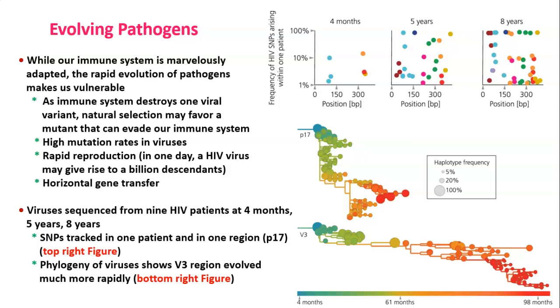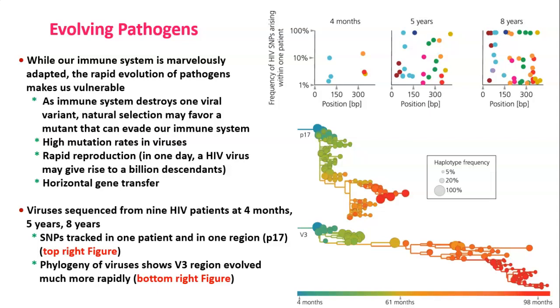There's a phylogeny that's shown on the bottom right, and it's pointing out there that there are different regions of the HIV virus that evolve at different rates. So in actuality, the V3 region evolved much more rapidly over a 98-month period than the P17 region.